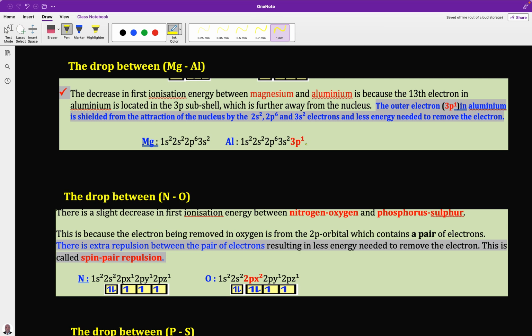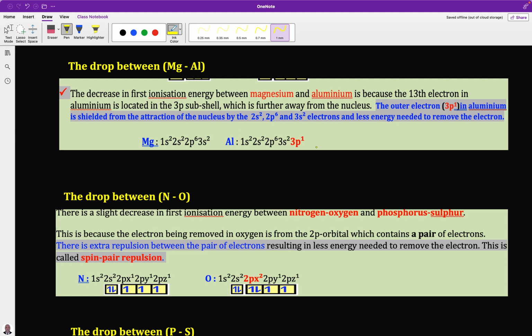So we can now say the 13th electron to be removed from aluminum, for the first ionization energy, is located in the 3p subshell. It is located here in the 3p subshell, which is further away from the nucleus. The nucleus is right down here. So it is further away from the nucleus.